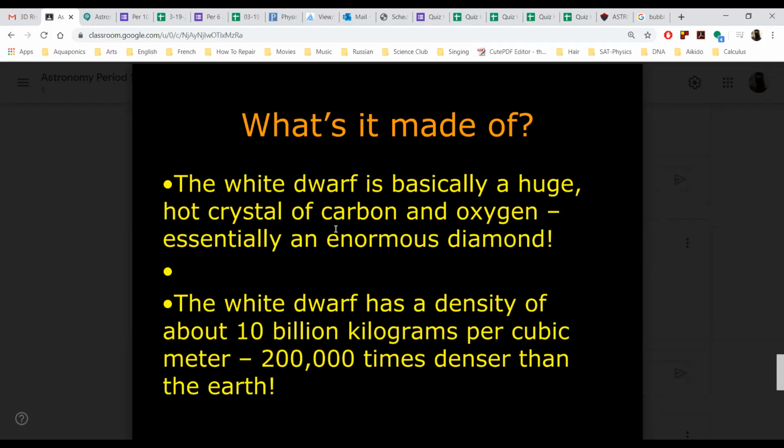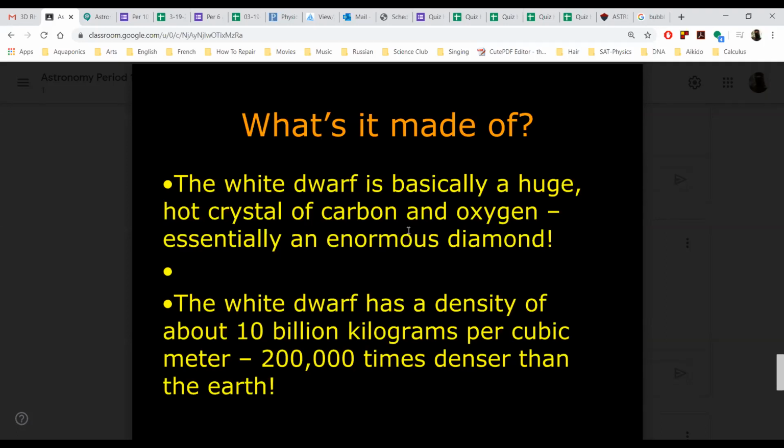But under the high pressure and high temperature, carbon turns into a diamond. So whenever you hear the song Twinkle, Twinkle, Little Star, I wonder what you are, like diamonds in the sky, that's basically the truth.